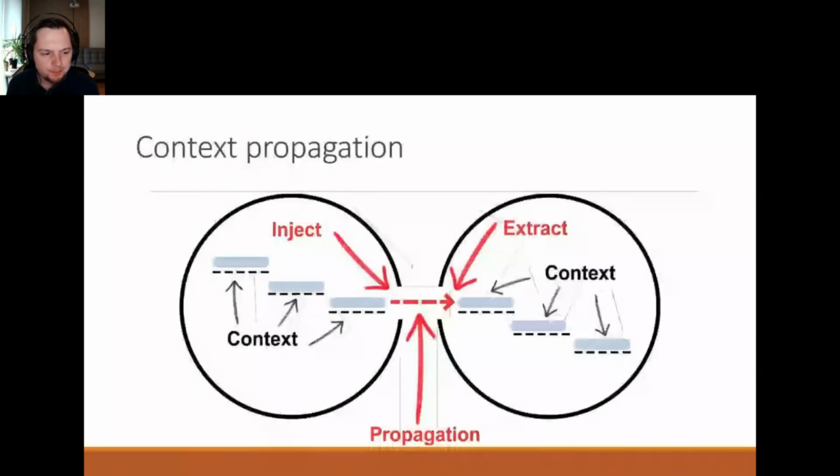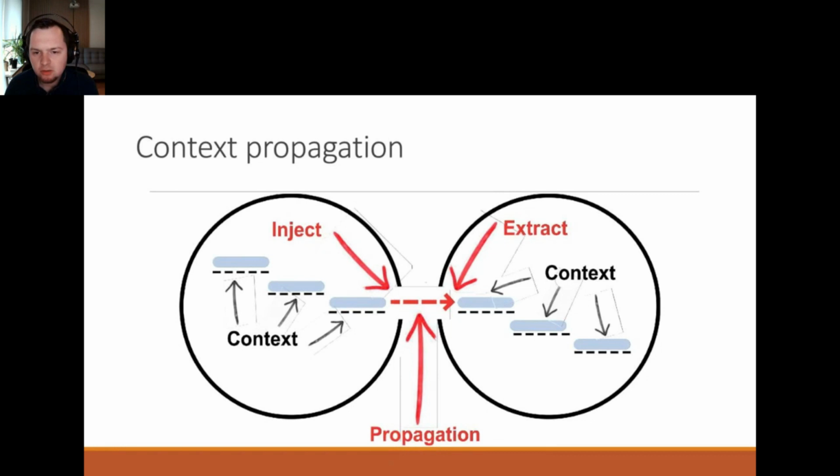But going deeper, I was saying that it will need a context. The context needs to be passed through the services, so that your system will recognize that this action is part of that particular trace.